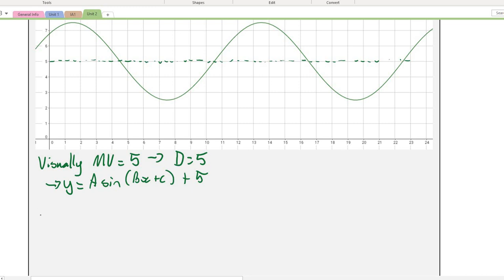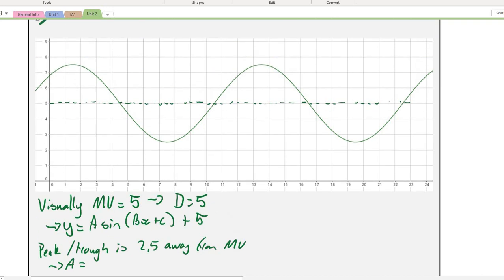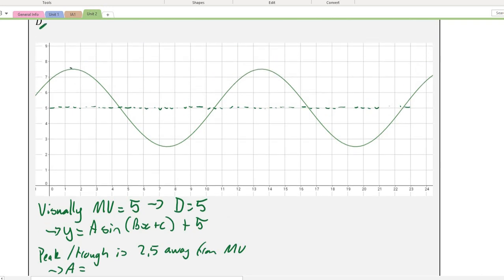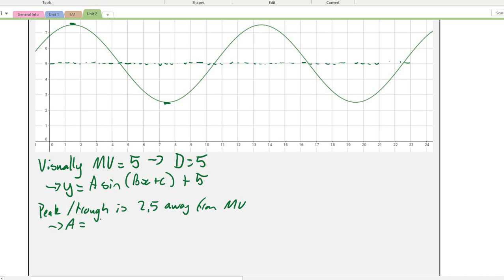So the peak and trough are 2.5 away from the median value. If you look, our median value is here at 5. Our peak is at about 7.5. The trough is about 2.5. So both of those are 2.5 away from the median value, which is all that A tells you, how far away from the median value it is. So A must equal 2.5.